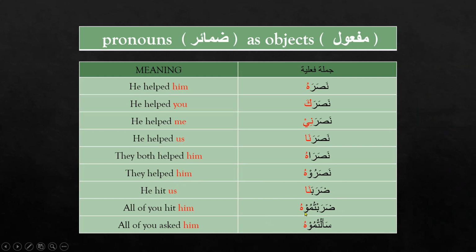Darabtumuhu, all of you hit him. Darabtu, and you must be confused about this waw. Inshallah, we will have another small session for this alif here that is dropped, and this waw is called the vowel ishba'.